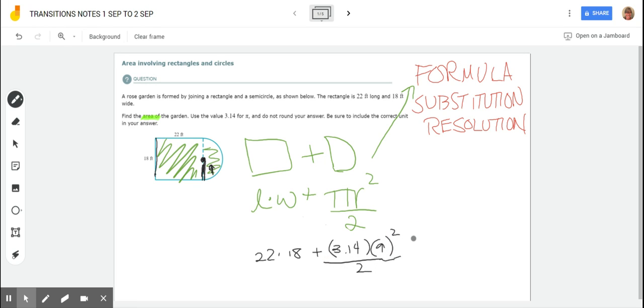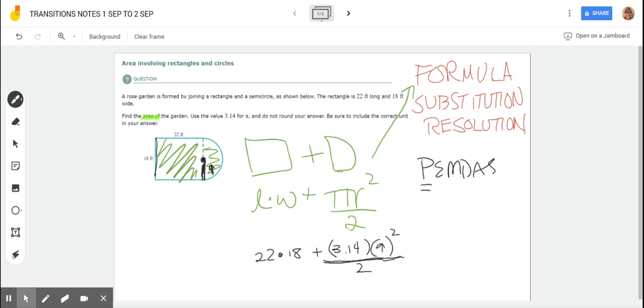Now, you could put that in your calculator, but if you're trying to work this out by hand, the idea is PEMDAS. We don't have any grouping symbols, so exponents are the first thing you're going to do. And 9 squared is 81. So you're going to do 22 times 18, whatever that may be, plus 3.14 times 9 squared, all divided by 2.